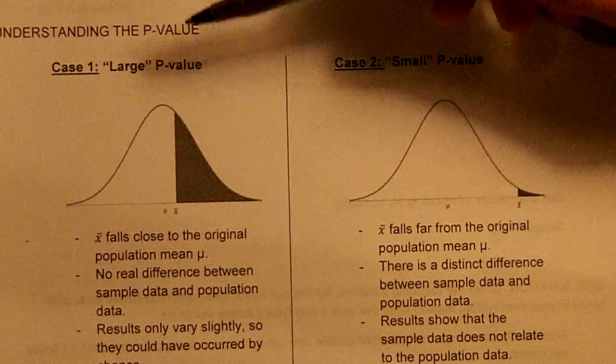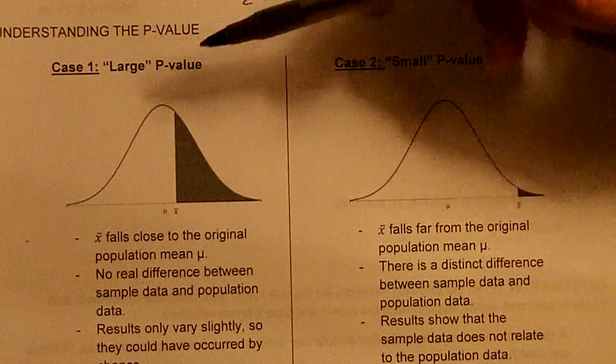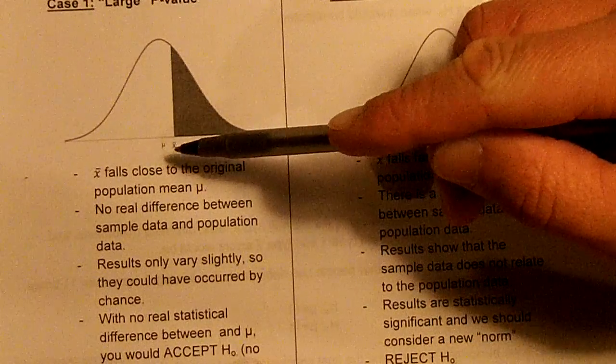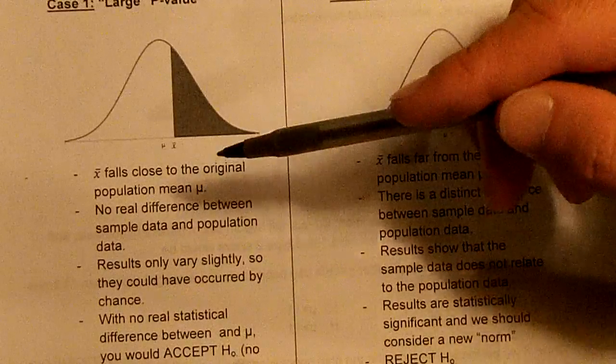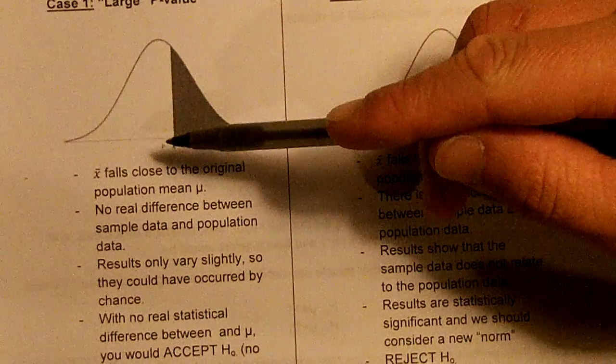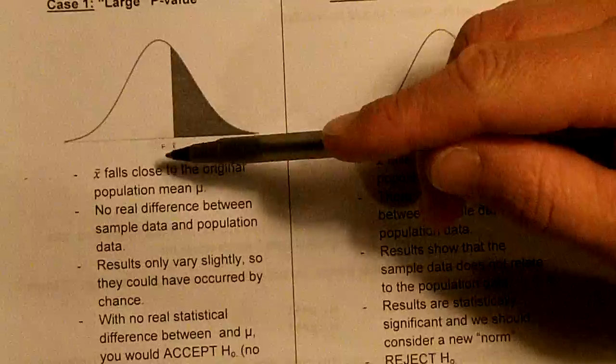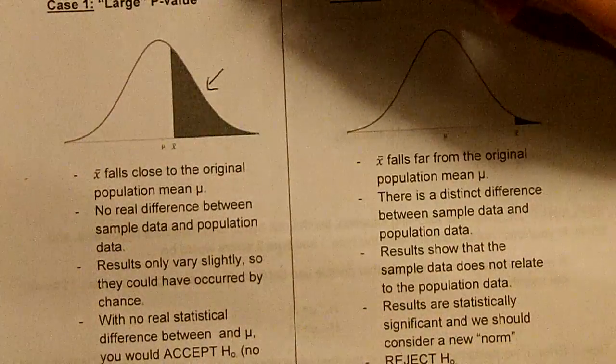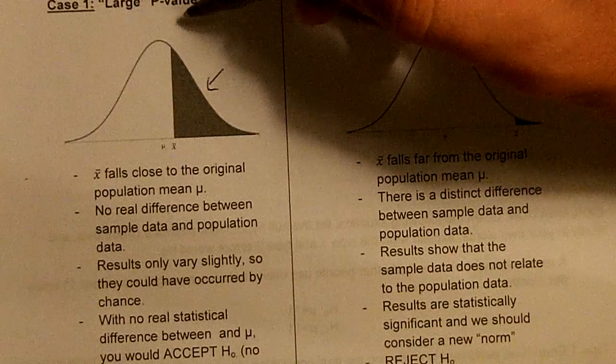But depending on how you look at it, a large p-value here means that your test statistic of an x bar would fall very close to your population mean mu. So with that being the case, your p-value here would be the majority of the bell-shaped curve being shaded, so you have a large p-value.